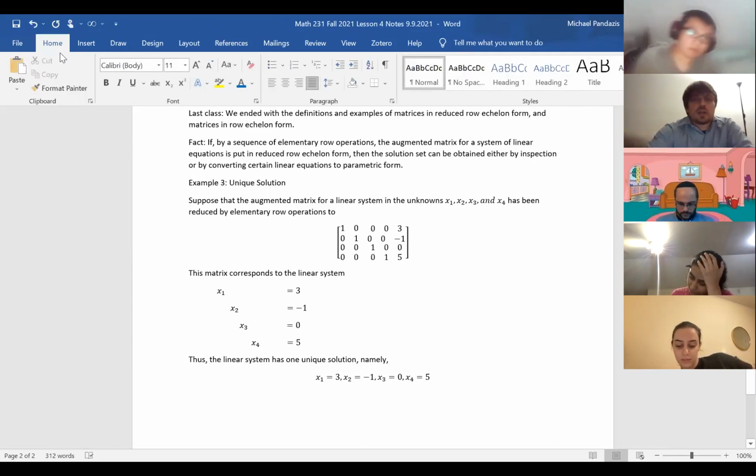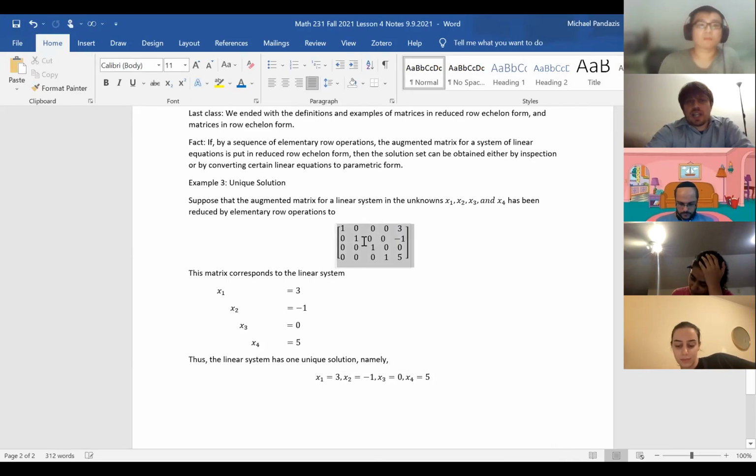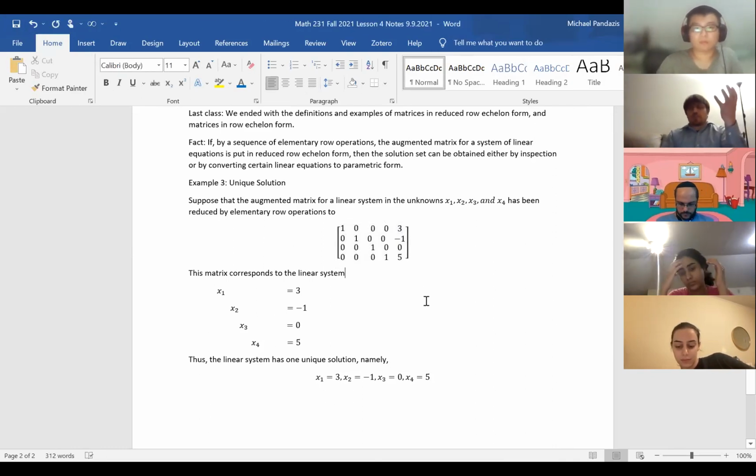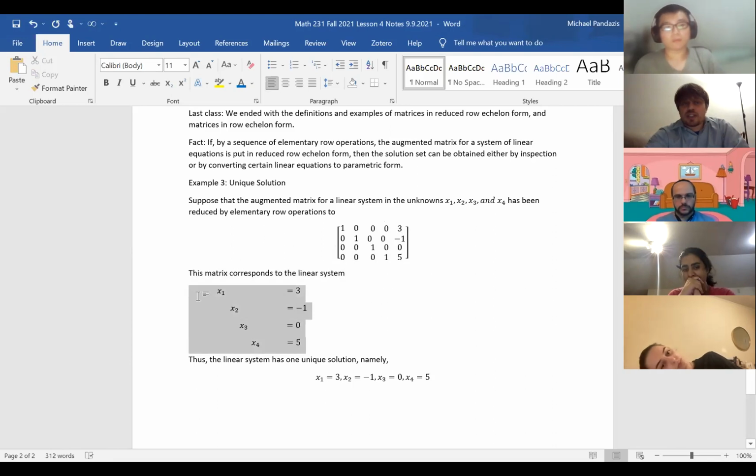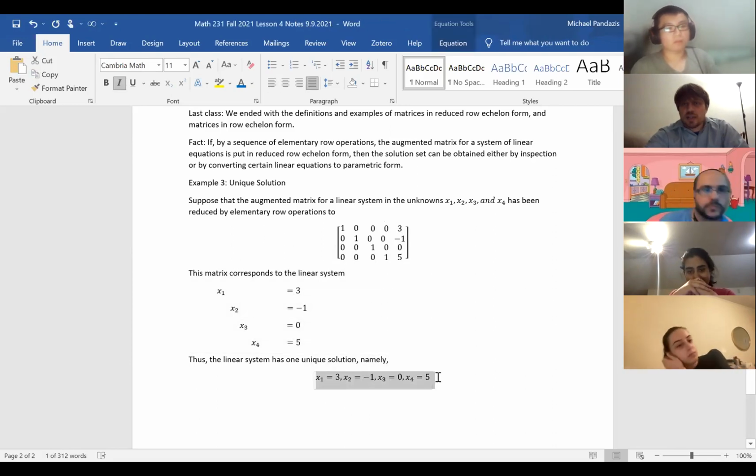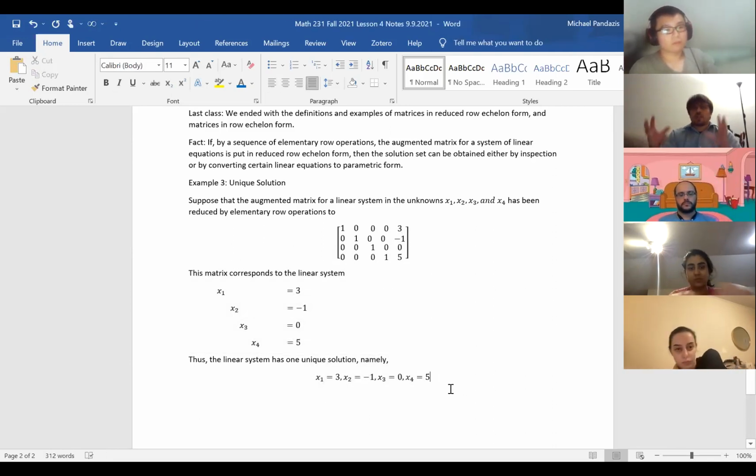Okay, so one possibility is that you have your linear system, you have its corresponding augmented matrix. You take the corresponding augmented matrix and, using elementary row operations, you get it to reduced row echelon form. And when you get to reduced row echelon form, it looks like something like this. And when you look at its linear system, you see that there's exactly one solution, and you're done. Okay, that's one possibility.